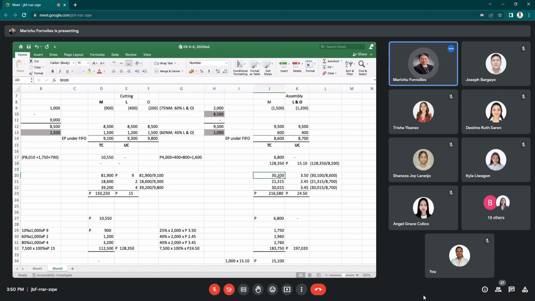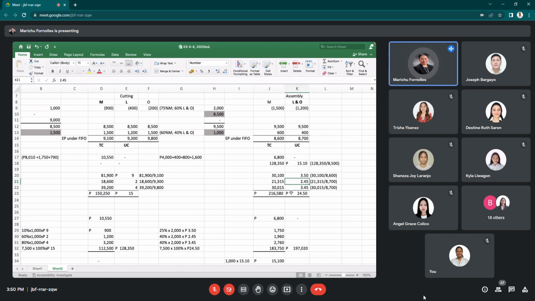So for the material cost this month, 30,100, divide it by the EP for materials under first in, first out, 8,600, and that will give you the unit cost of materials, 3.5. To get the unit cost of labor, it would be labor cost this month, 21,315, divided by EP for labor, 8,700, which gives the unit cost of labor at 2.45.